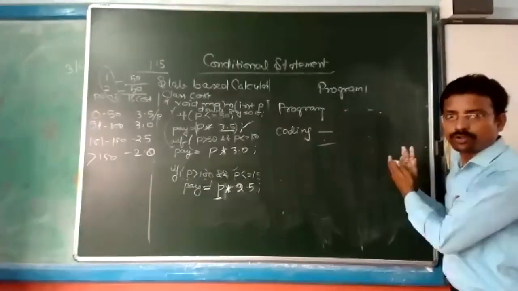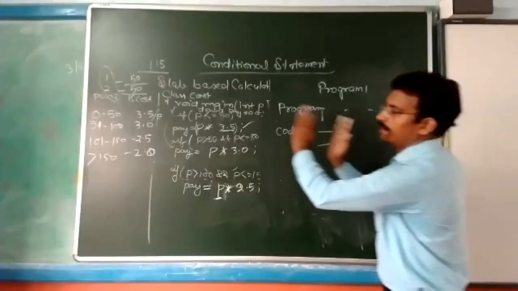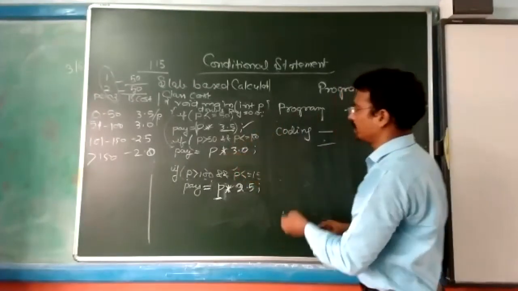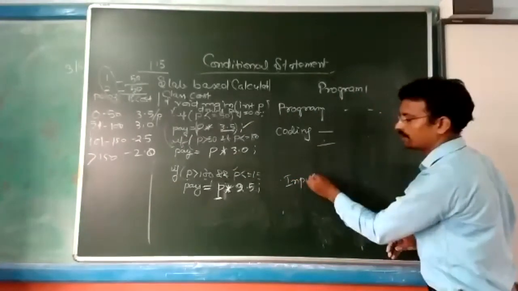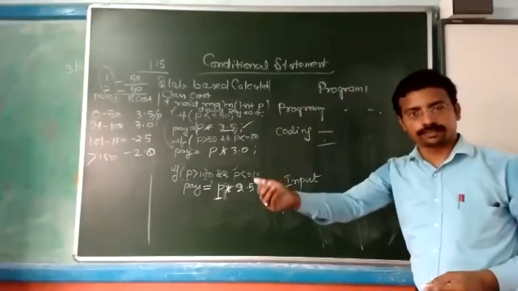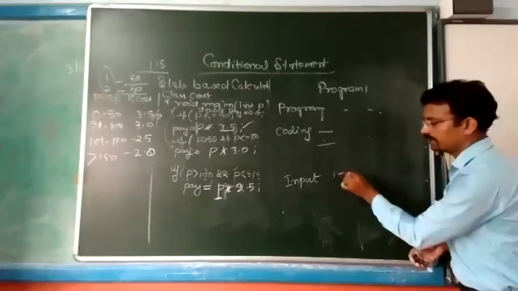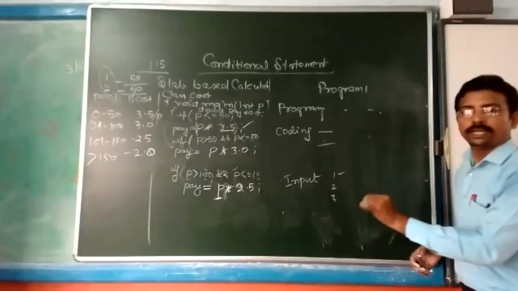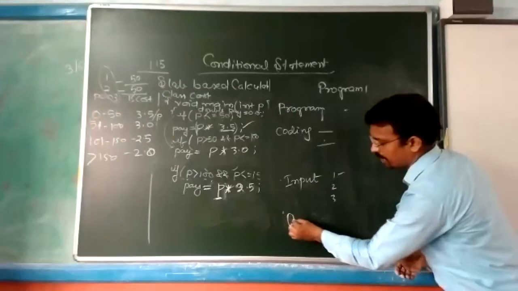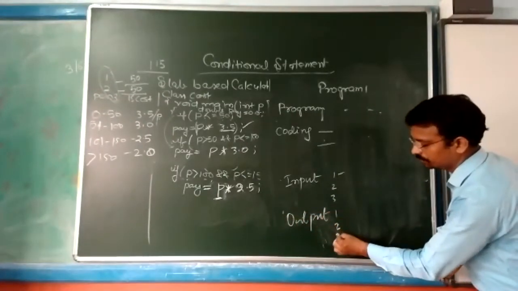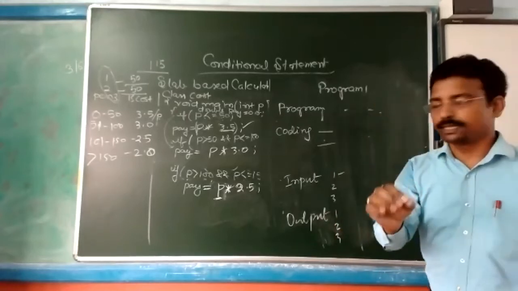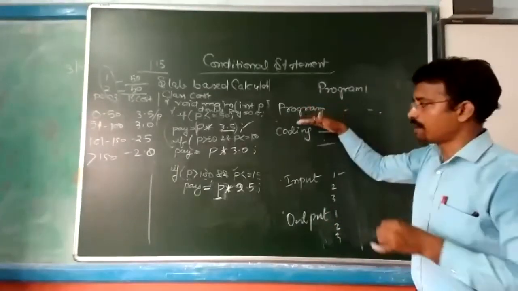On the blank side of the page, you will write input. Suppose you have taken various inputs: input 1, input 2, input 3, and according to that, what output is coming: output 1, 2, 3. And the most important thing is the program coding.